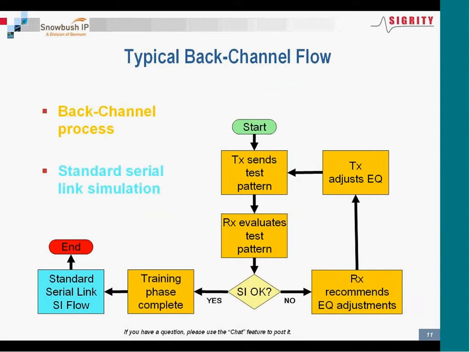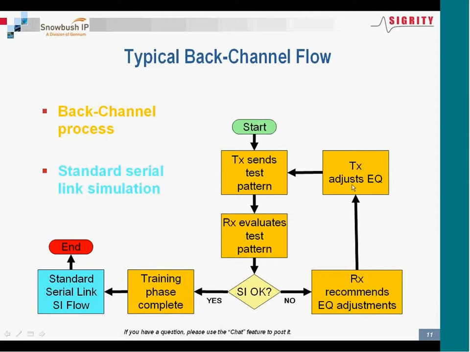This is what the typical flow will look like. If you follow, it's pretty simple. We start up here in the green box. The transmitter will send some test pattern through the channel to the receiver. The receiver will evaluate that test pattern and decide if the signal integrity or signal quality looks okay. If not, it will recommend some adjustments for the transmitter to make on its equalization, again, through the back channel.